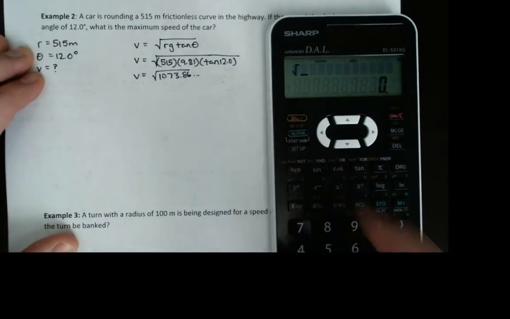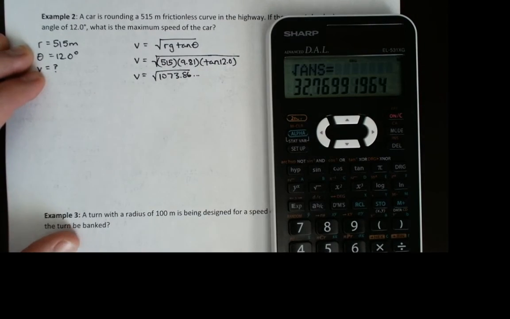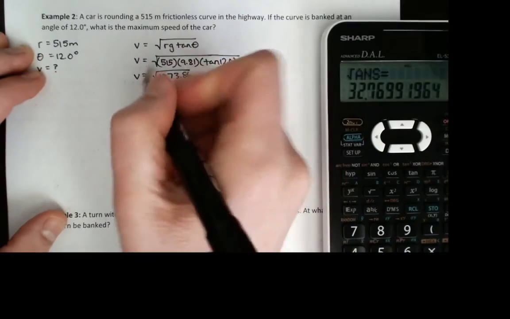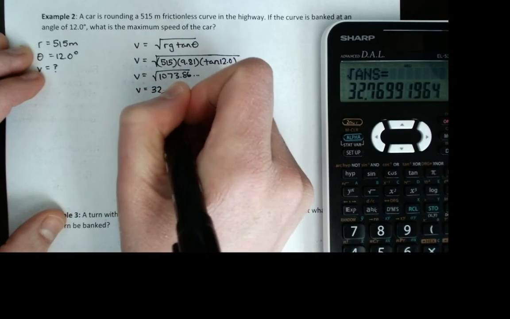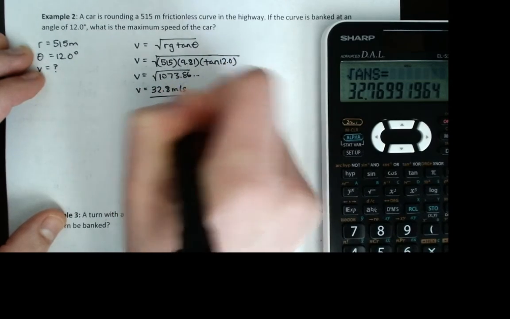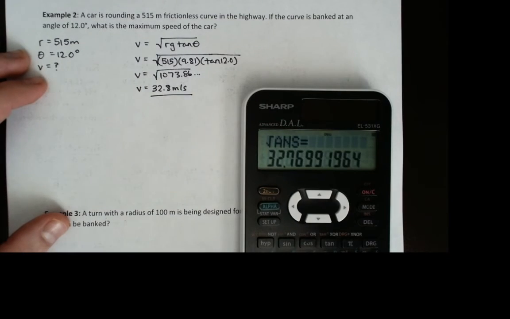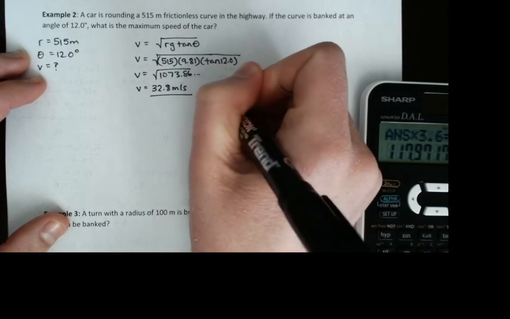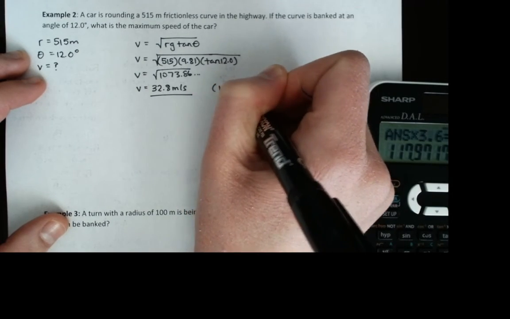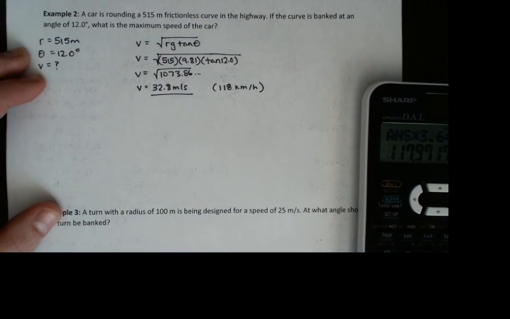If we actually square root it, 32.8 meters per second. And again, for a bit of context, that's 118 kilometers per hour. Okay?